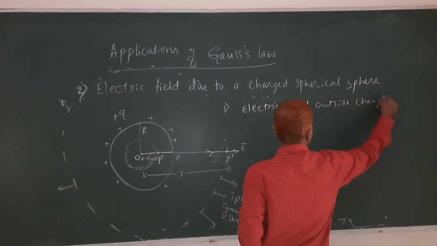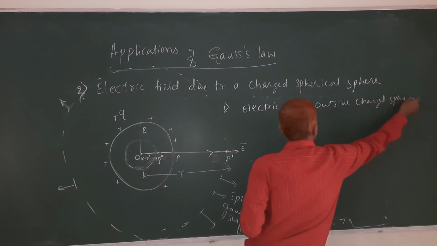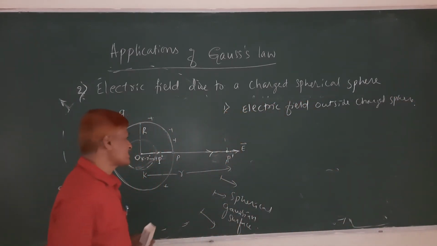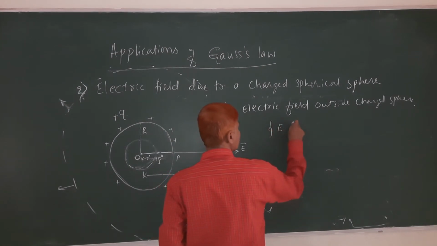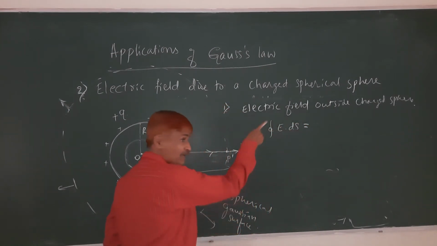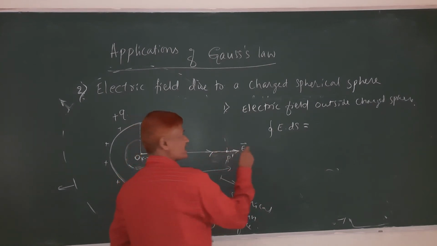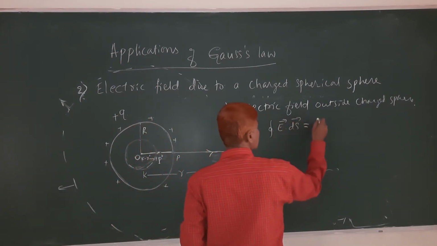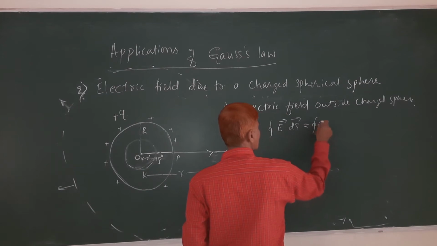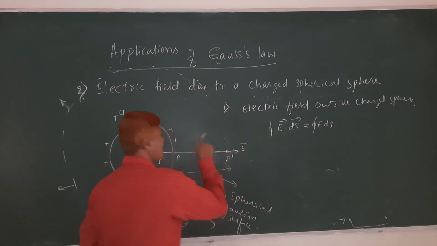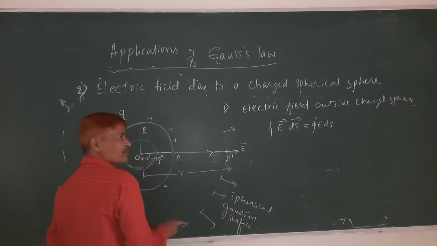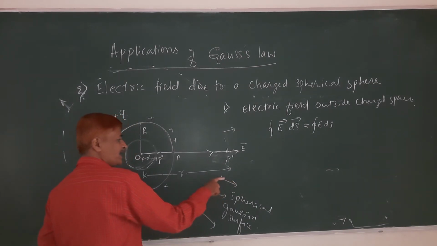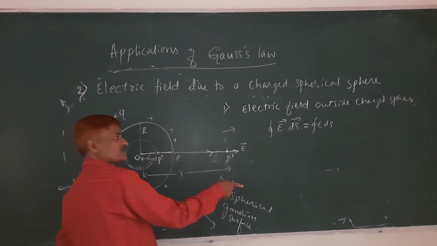the charged sphere. Here we write the surface integral of E dot ds. The case is the same, so I am reducing the steps. E dot ds will become E ds because E everywhere on this Gaussian surface is along the normal. So the angle between E and the normal is 0, cos 0.